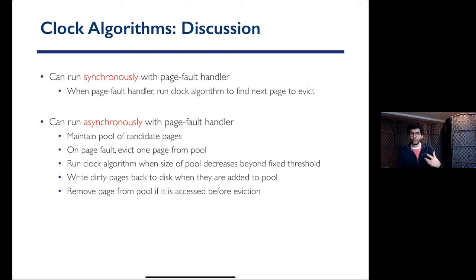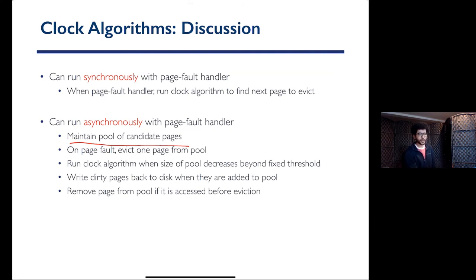You don't need to evict it because a page fault hasn't happened. So instead, you create a pool of possible victims. You always maintain this pool of candidates to be evicted.